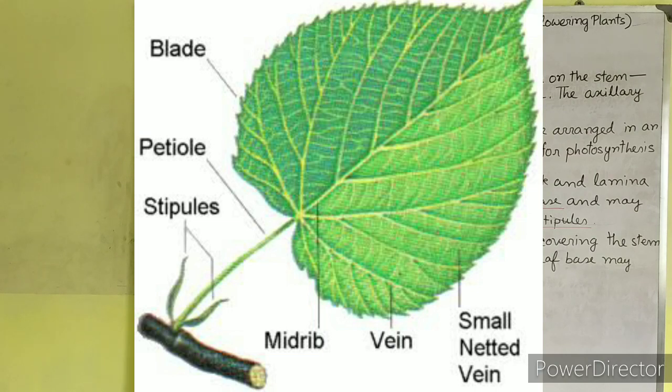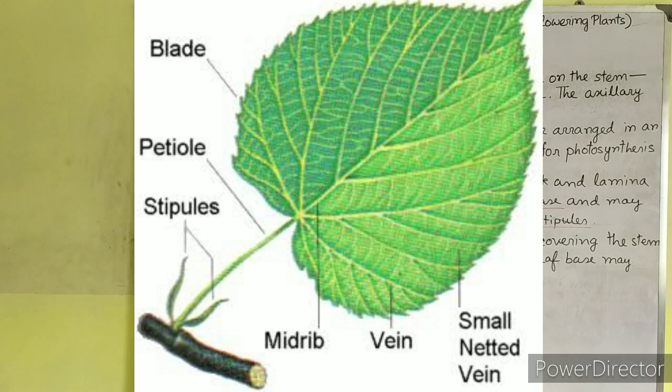The lamina or the leaf blade, which is labeled as blade in this diagram, is the green expanded part of the leaf with veins and veinlets. The veinlets are labeled as small netted vein. There is usually a middle prominent vein which is known as the midrib.